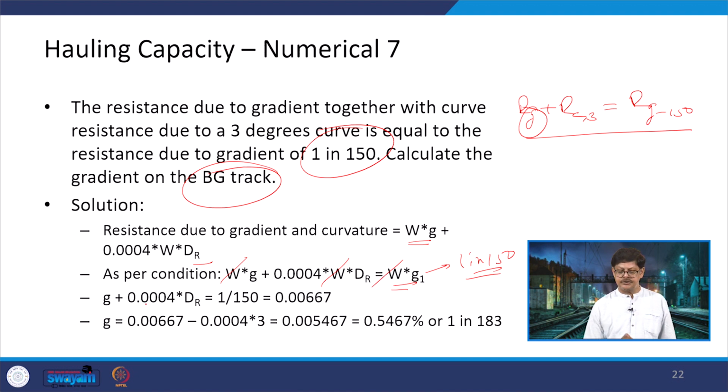We are left with G plus 0.0004 into Dr equal to 1 by 150, where Dr is given as 3 degrees. So we put that value there and we get 0.00667 minus 0.0004 into 3, that is the degree of the curve. Finally, the gradient which is possible in this case is 1 in 183, which is obviously less steep than 1 in 150 with which it has been equated, because in the case of 1 in 183 the curve resistance is also being added.